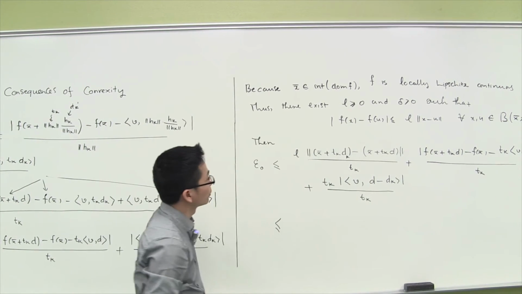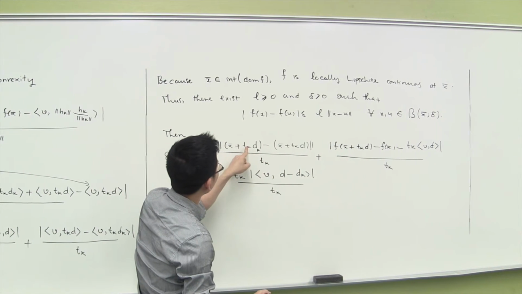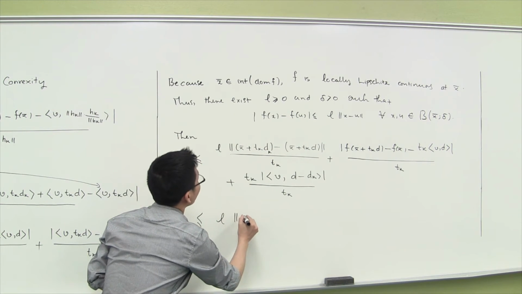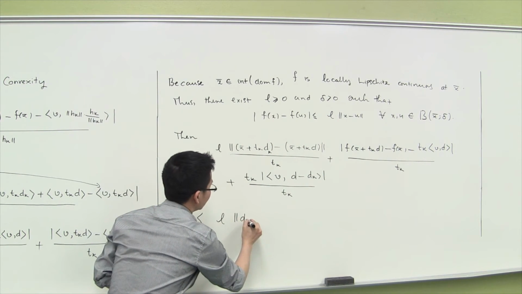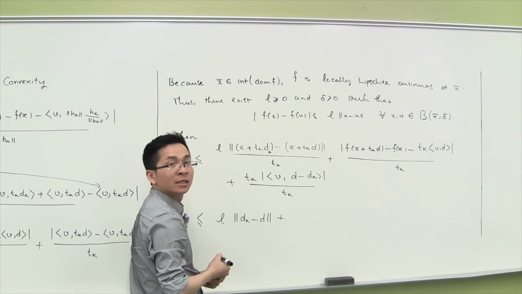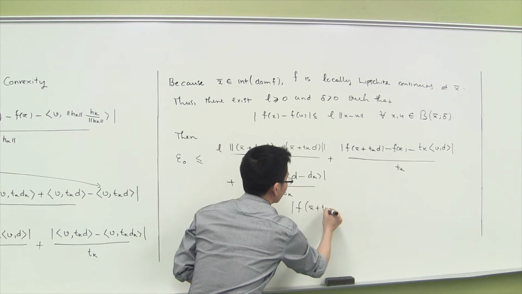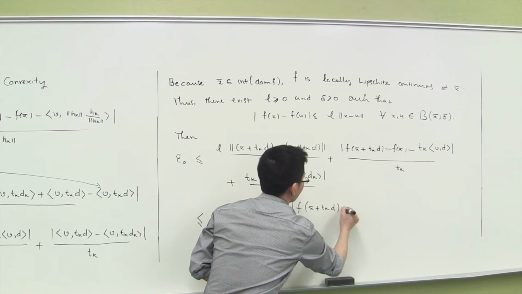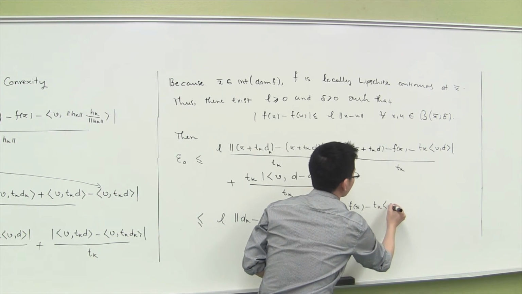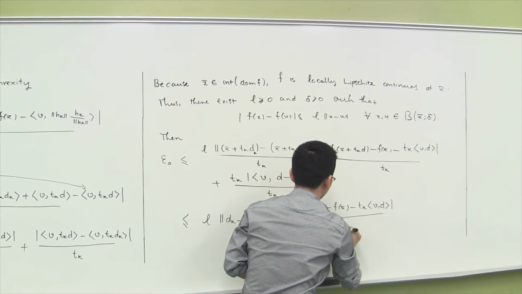This is always less than or equal to L times norm of dk minus d, after we simplify x bar and tk. And then we keep the second expression the same. This is f of x bar plus tk times d minus f of x bar minus tk times the inner product of v and d. Everything here is divided by tk.